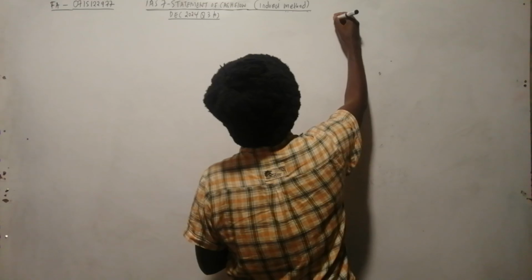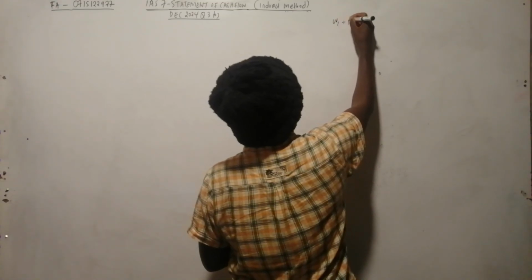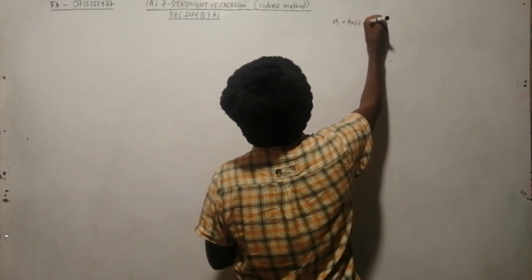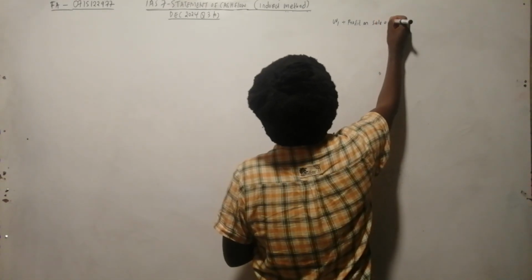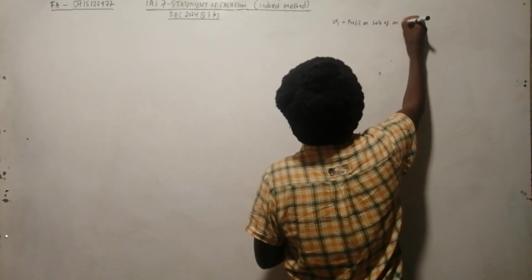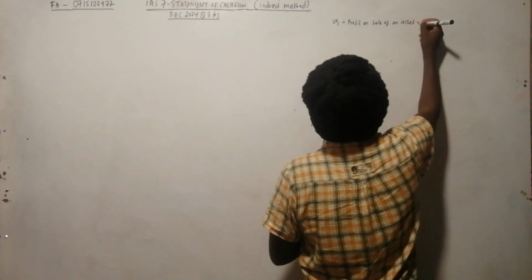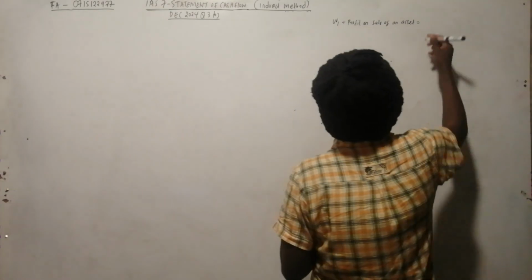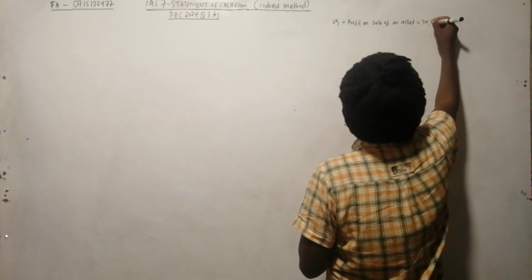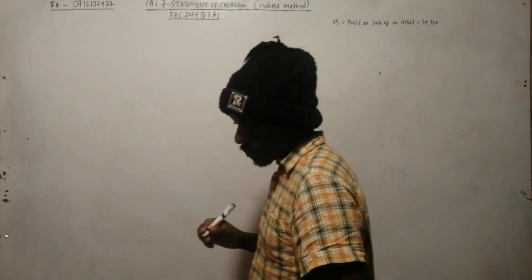So the first information, we start with the working of the sales proceeds. Now before we calculate the sales proceeds, we start with the profit. So working number 1, we say profit on sale of an asset, which is 34,320.